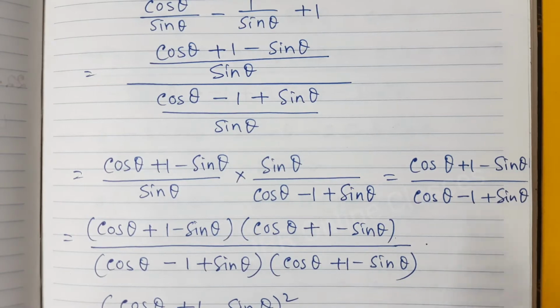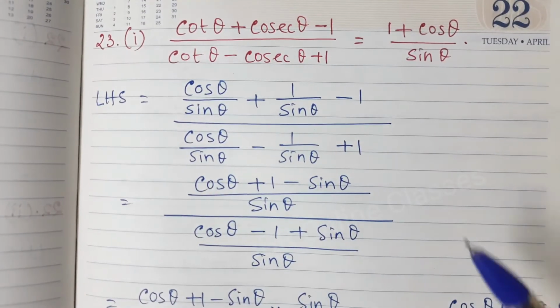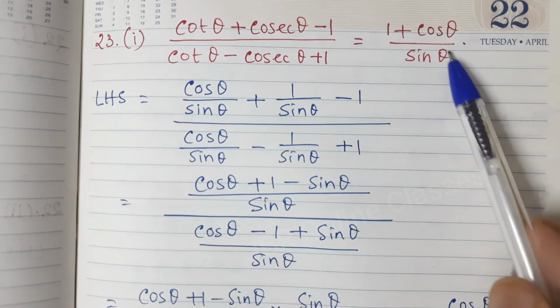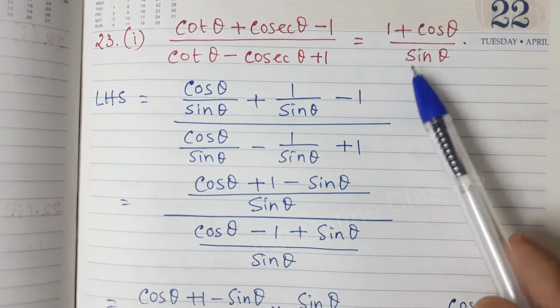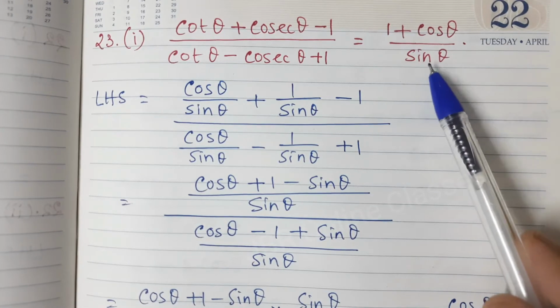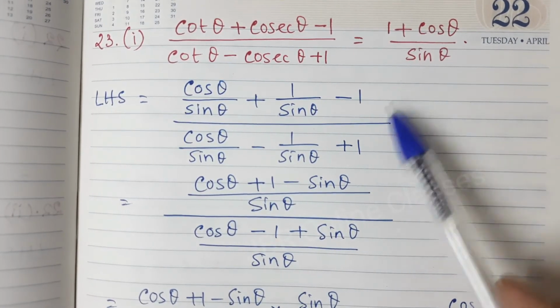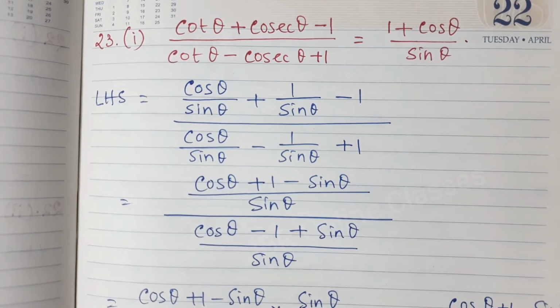In the problem, in the right hand side, the only term present in the denominator is sin theta. Because of that we are doing such a calculation.